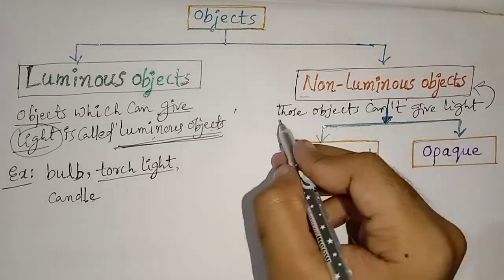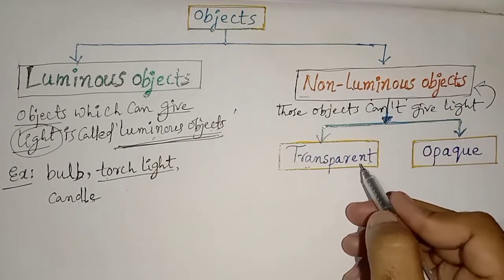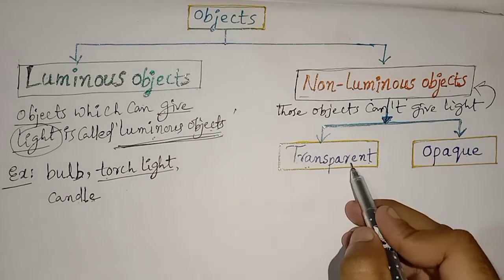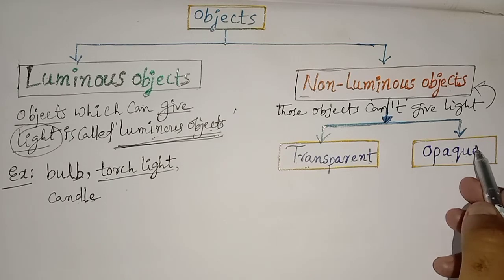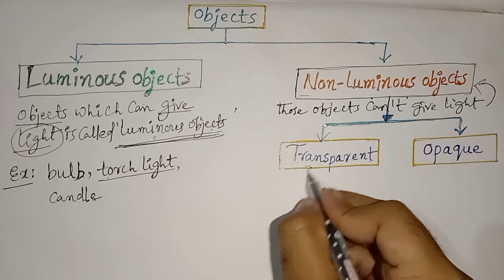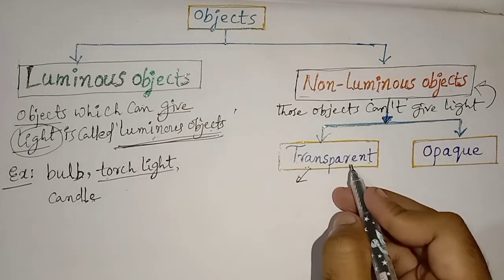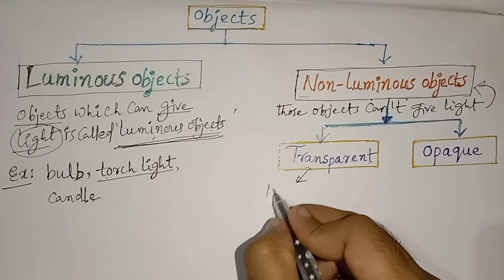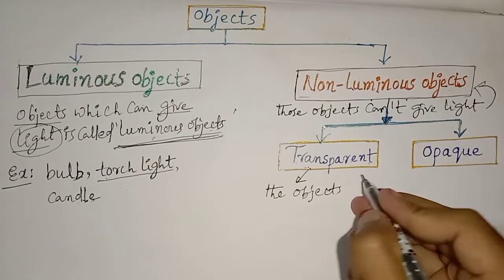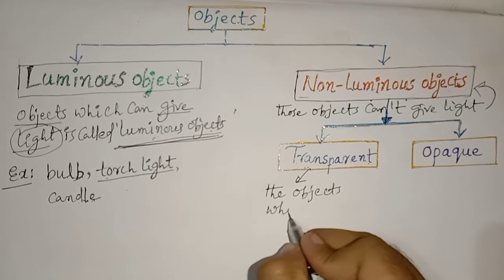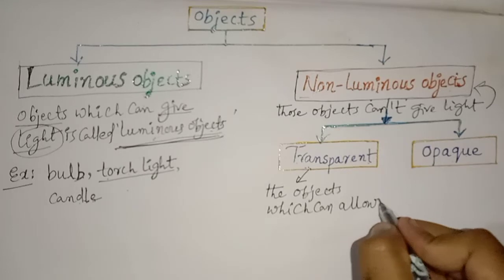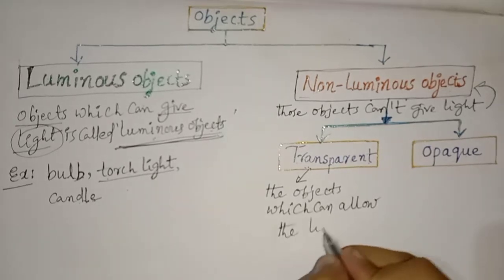These objects are classified into how many types? One is transparent, another one is opaque. So let us discuss transparent. What is transparent here? Transparent objects are the objects which can allow the light.